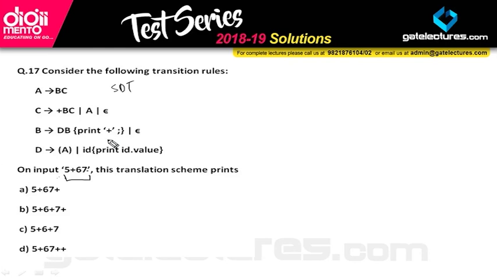Here I will give you a trick, so listen carefully. My given string is 5 plus 6 7. If I look at my SDT, to print a 5, who has the capability to print 5? Only D, because it is printing id dot value.